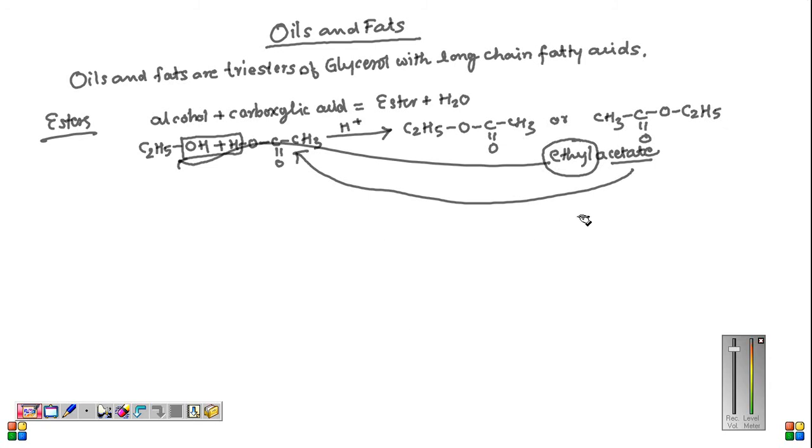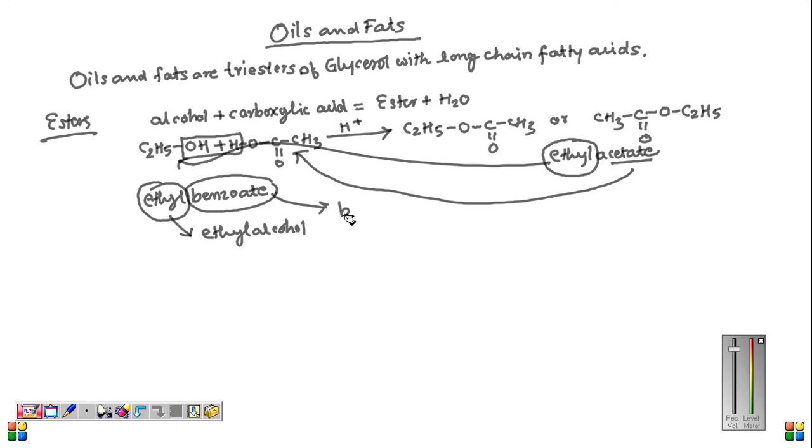Similarly, if I say that an ester is ethyl benzoate, the ethyl part comes from ethyl alcohol, and the benzoate part, C6H5COO, comes from an acid, that is benzoic acid. I hope you have understood what are esters.